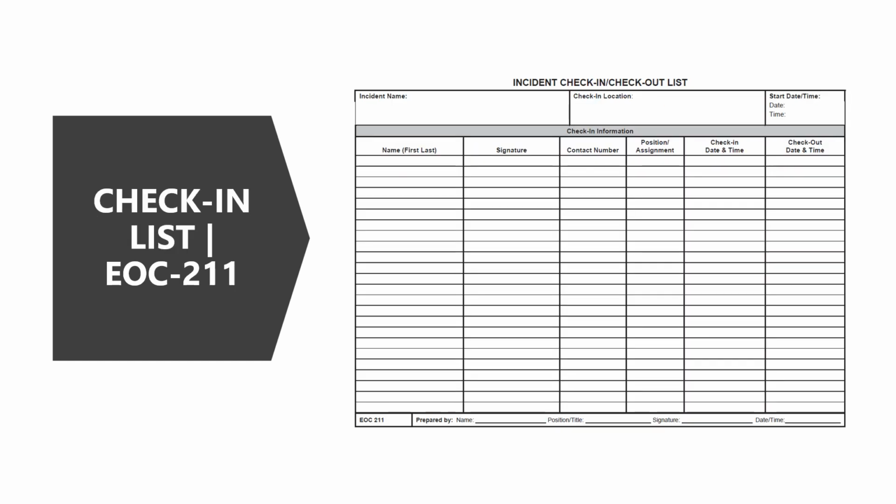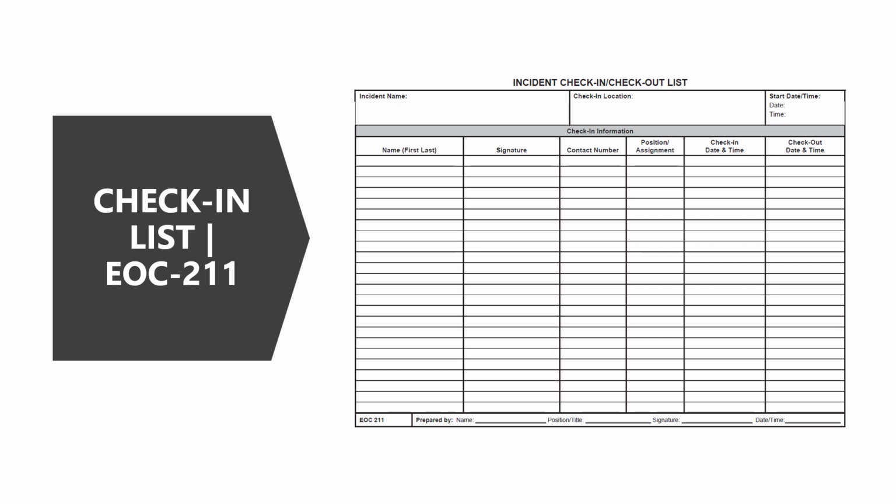Our check-in list, the EOC 211 form. This form will be done daily, whether it be by paper, electronically, within another system. We need to sign in and sign out and have accountability of what personnel were on the operation for that day within the EOC. We will utilize the 211 form.